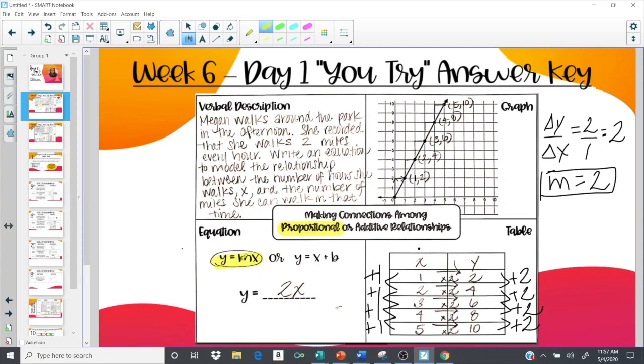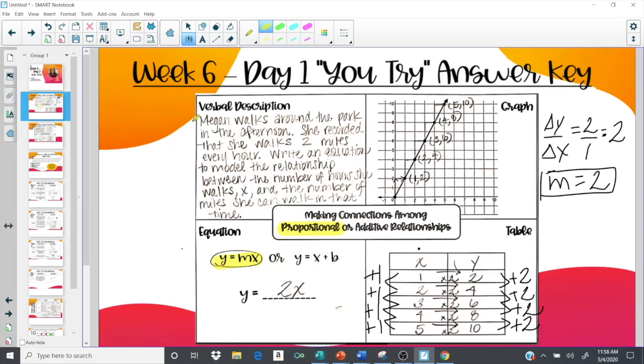Therefore, you're going to use the equation y is equal to mx, which represents a multiplicative relationship or a proportional relationship. So here you would just substitute the slope you got for m in the equation. And the equation will read y is equal to 2x.